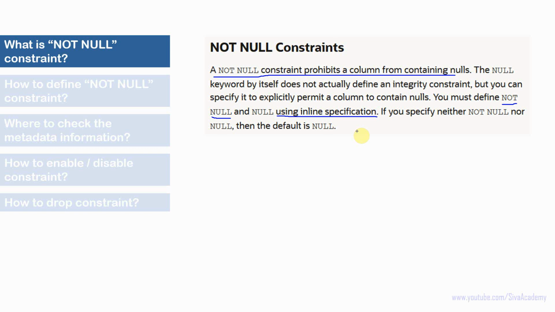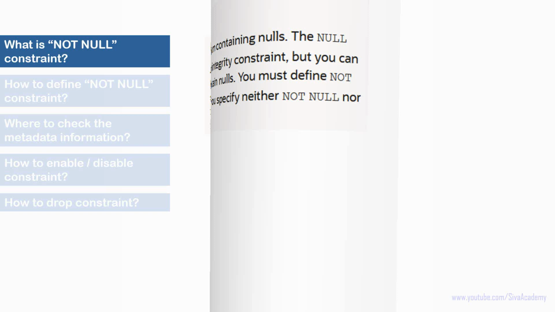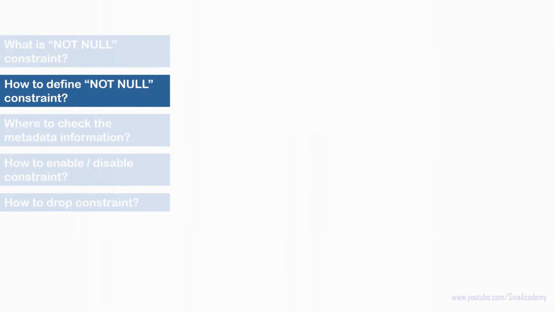That means null values will be allowed to get inserted or updated in the column. Even if you are not specifying anything, the default is null. But if you want, you can explicitly specify the null keyword also. Whether we specify null or not, the default behavior is null. We'll see an example by specifying the null and the not null keyword. Fine. So now let's see how to define a not null constraint.